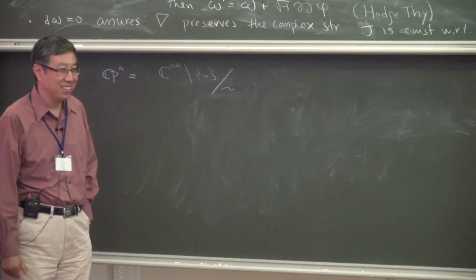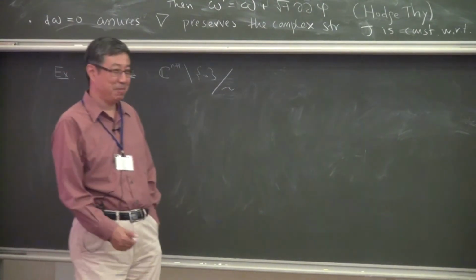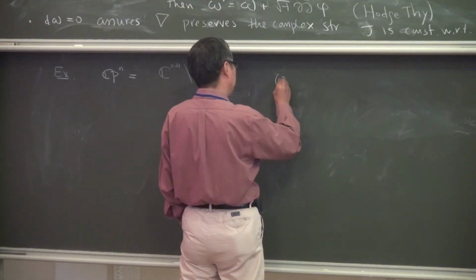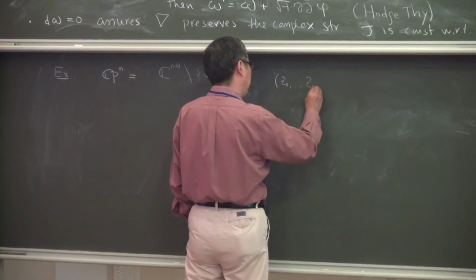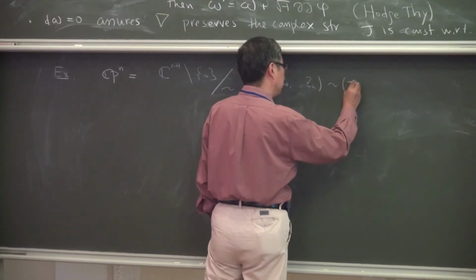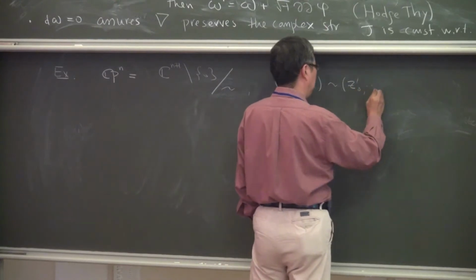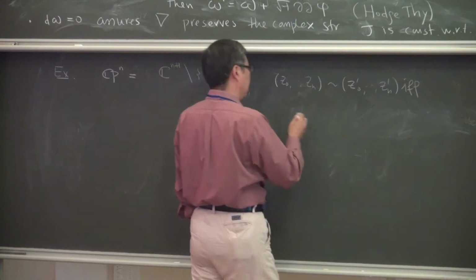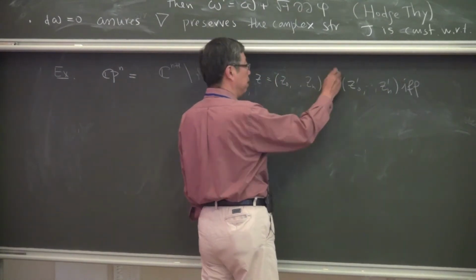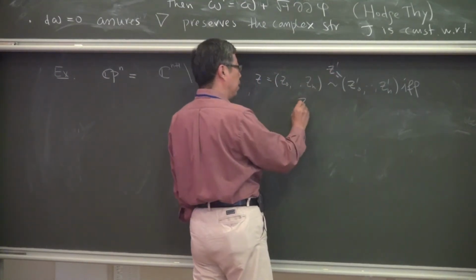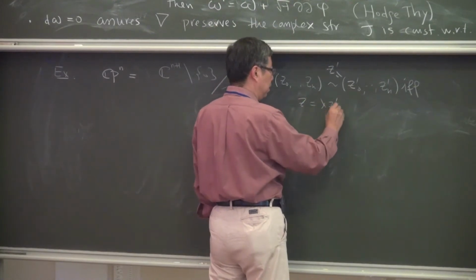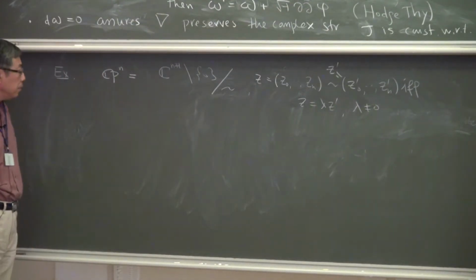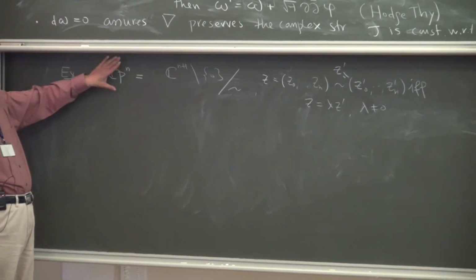No problem. So this means Z is equivalent to Z prime if they are equal up to a constant. So this is a complex projective space.